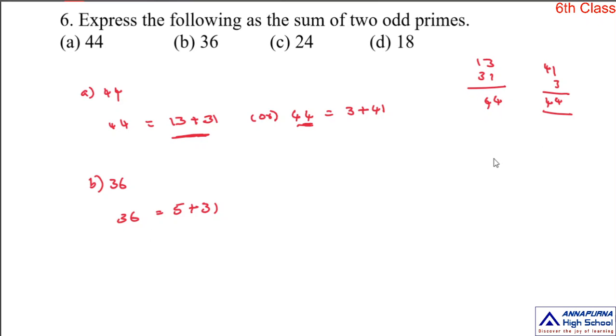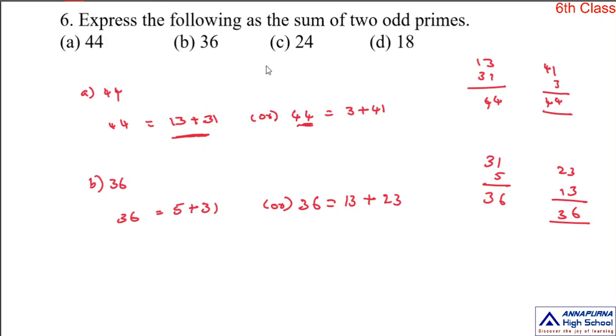Or we can write 36 as 13 plus 23. 23 plus 13: 3 plus 3 is 6, 2 plus 1 is 3, so 36.